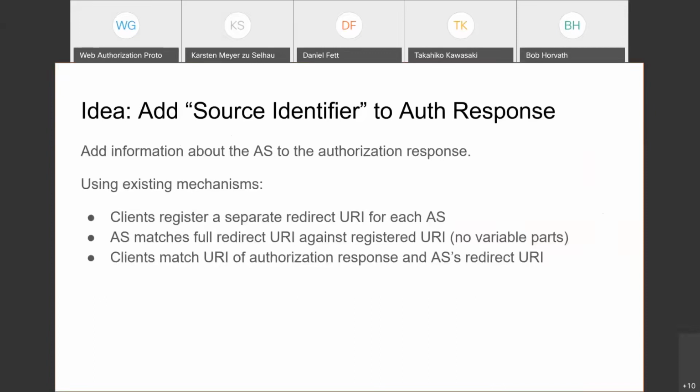And if there is a mix-up attack, there would be a difference, because in the example we've seen, the authorization response would be received on the redirect URI for the honest AS, but the client would still think that the attacker AS is in use in that flow. So there would be a mismatch and mix-up can be detected.